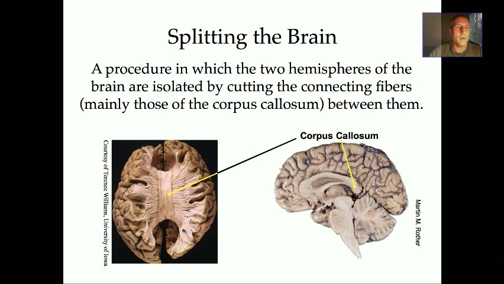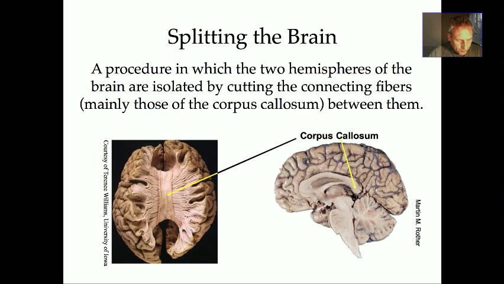So, how do we figure this out? How do we figure out that each hemisphere has specific tasks? Well, in some ways, we found out the same way we found out how any part of the brain worked, and that's through some of the injuries and diseases and disorders, traumas that occurred to different parts of the brain, and different things would happen.